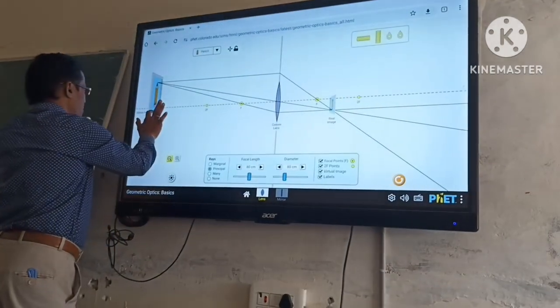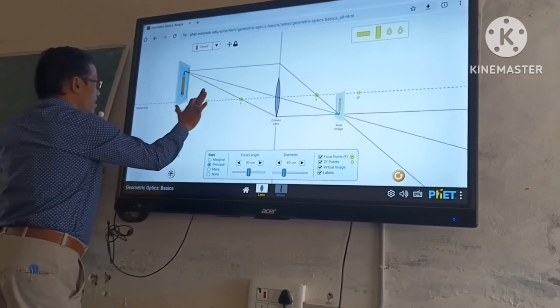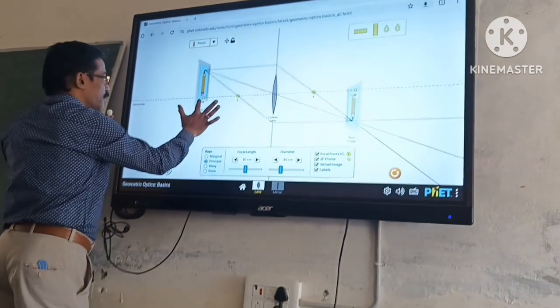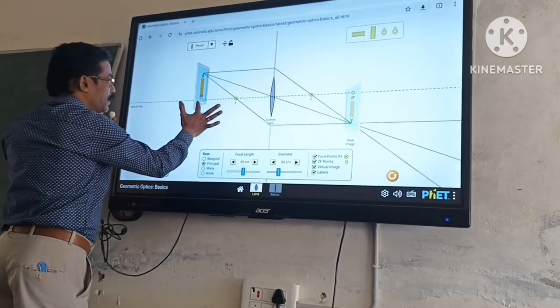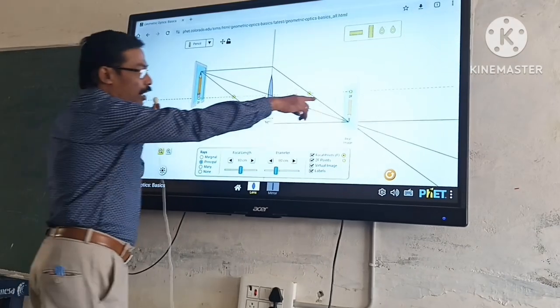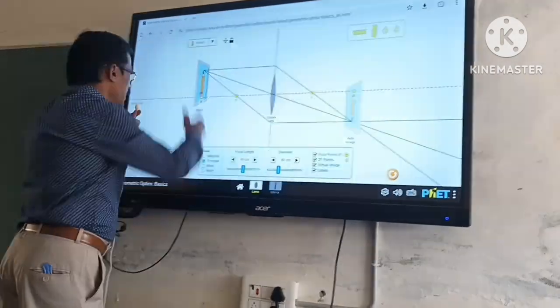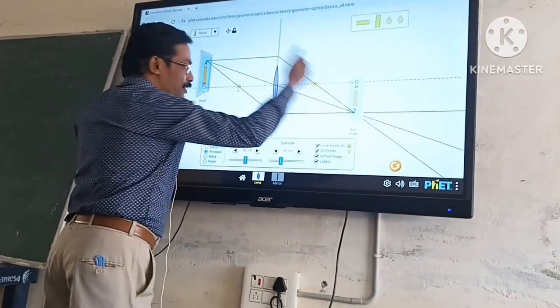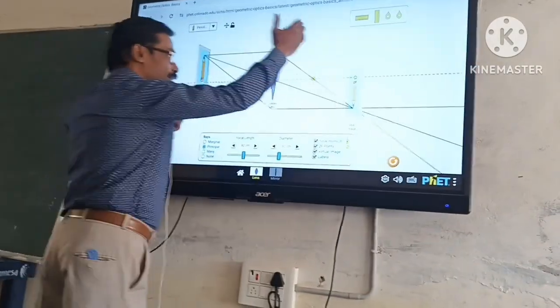Then I move the object to 2f. So now the object is at 2f, and the image is at 2f. The same size, inverted, a real image formed at the center of curvature.